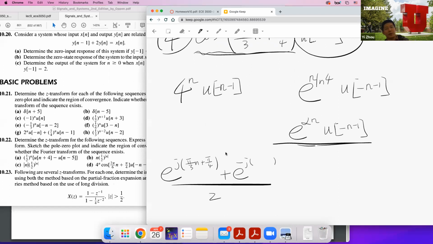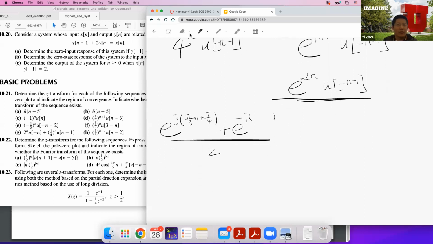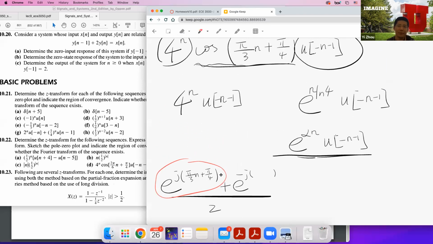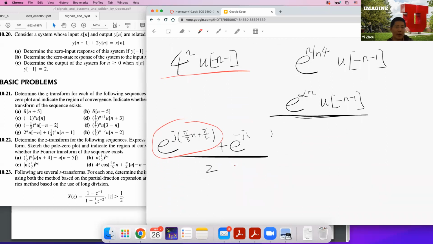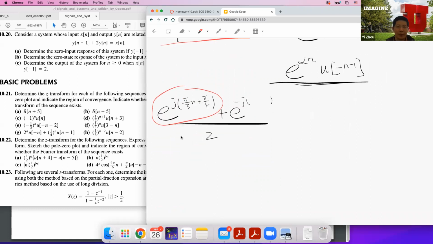And then for each exponential part, for example this one, it will be multiplied by this one, right? And then you can apply the frequency shifting property.